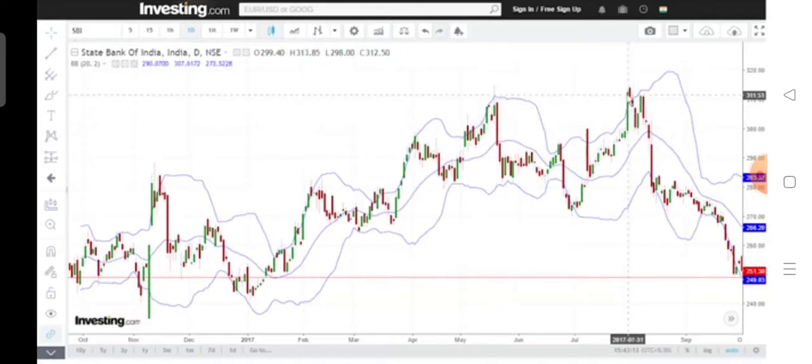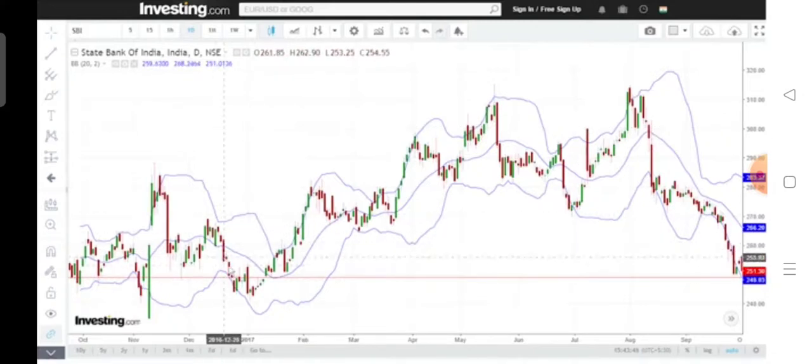Ideally the first top should be outside the Bollinger Band, and if the second top is lower than the first top, then it is very good. But even if it is higher than the first top but lower than the upper Bollinger Band, it is classified as an M top. And see, when the neckline of this M top was broken, how sharply the price fell. So this is an important way the M top is traded with the help of a Bollinger Band.